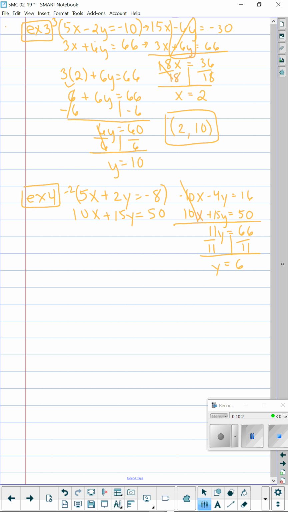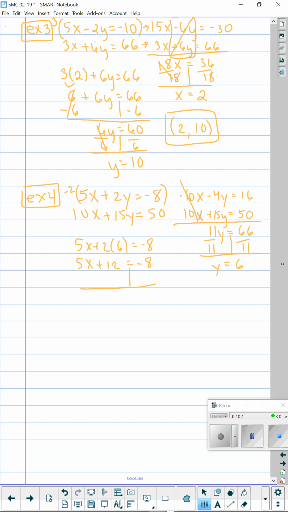So now I take that 6 and I plug it into any of those equations up there. If I go with that first equation, then it will be 5x plus 2 times 6 equals negative 8. So now it's 5x plus 2 times 6 is 12 equals negative 8.